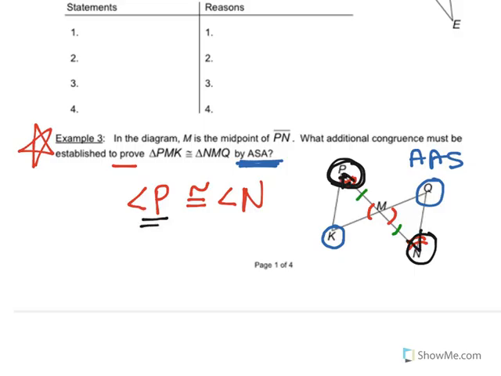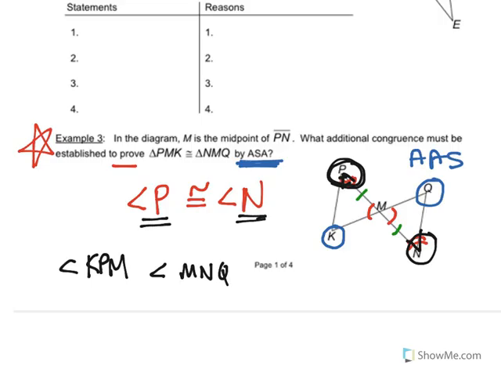So it's okay to name them as single letters like that rather than angle KPM and angle M and Q. So enough about that. I think you get the gist on that. Okay, now the last thing I want to say is that we're not stating that these two triangles are congruent.